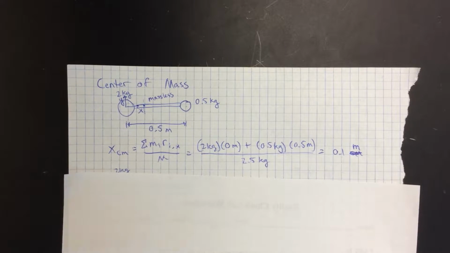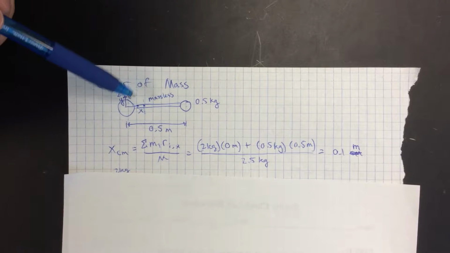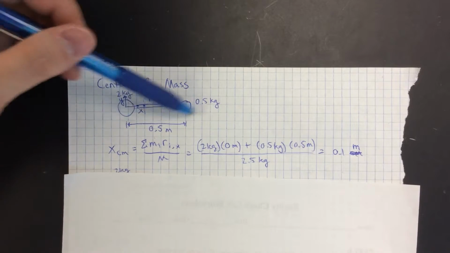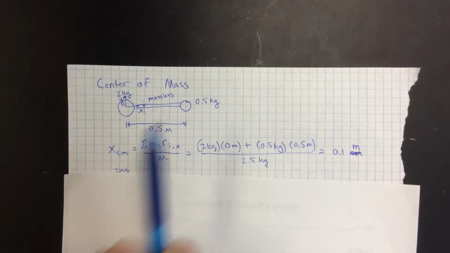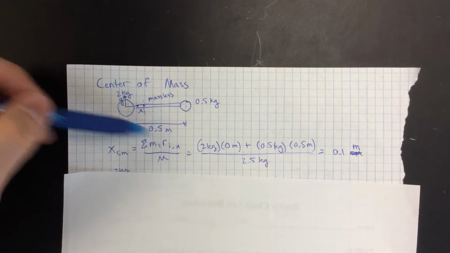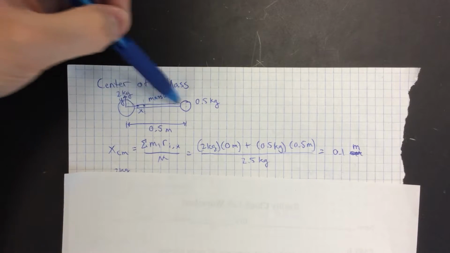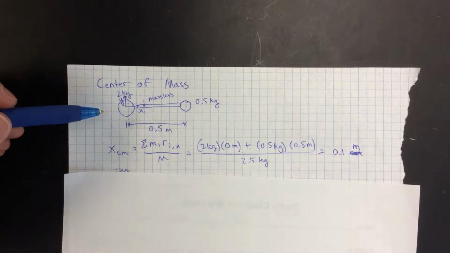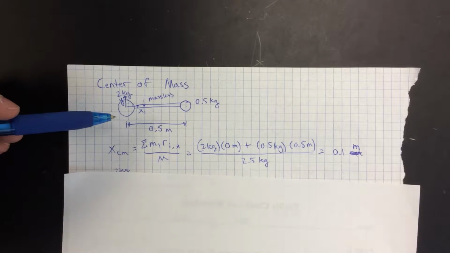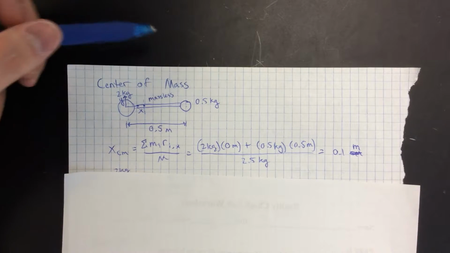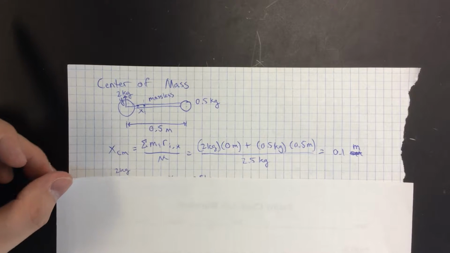So if you can look at this and do it more in terms of ratios, like I said, 2 kilograms is 4/5 of the total mass, so my center of mass should be weighted 4/5 to the left. 0.4 this way over 0.5. That can be a faster way to save time on some of these multiple choice questions. They tend to give you very convenient numbers. They're not going to give you like 0.87 kilograms and 0.23 kilograms or something.